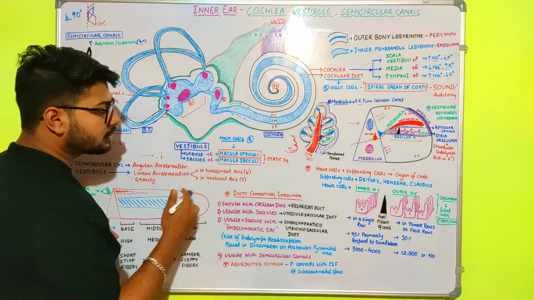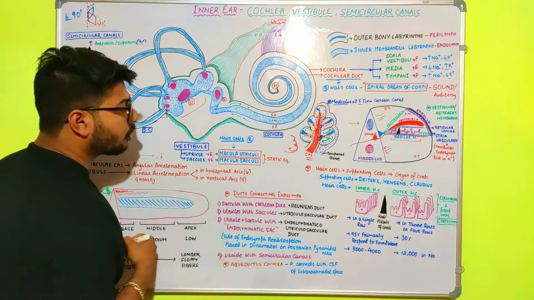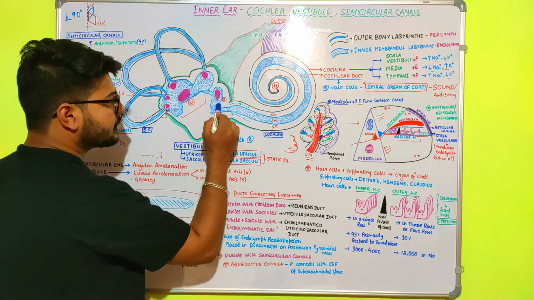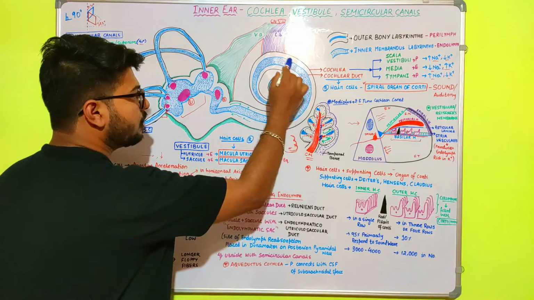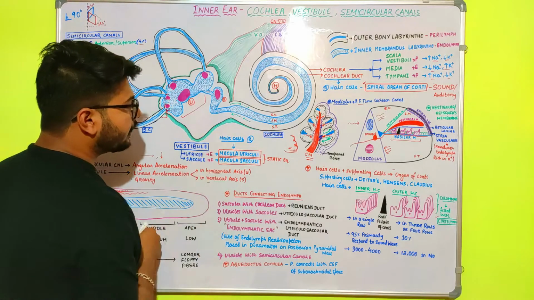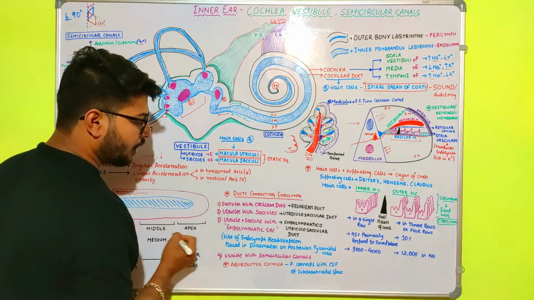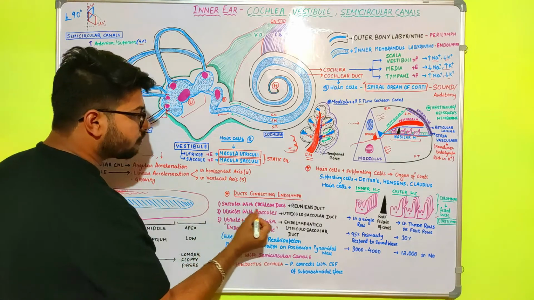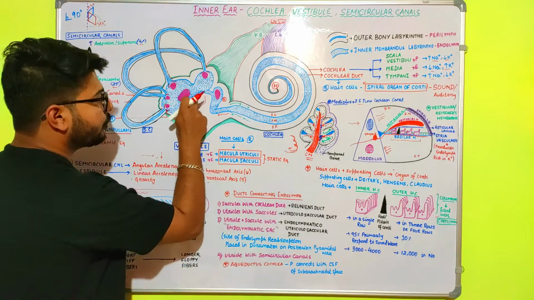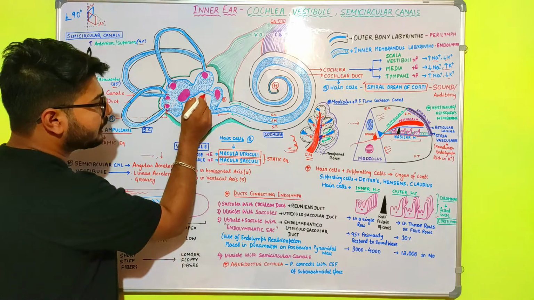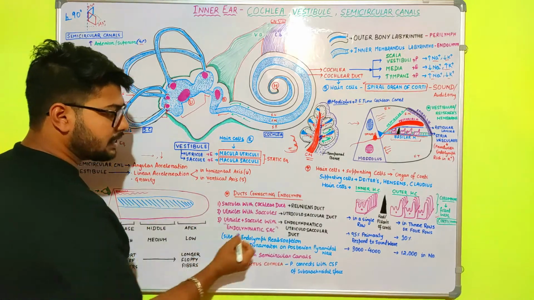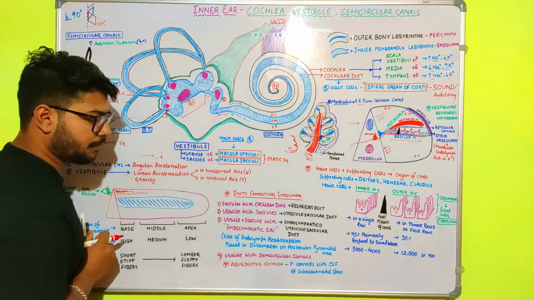The connecting duct of the saccule with the cochlear duct: here it is the saccule and here it is the cochlear duct. This connecting link is known as the ductus reuniens. In between the utricle and saccule we have the connecting duct, that is the utriculosaccular duct.